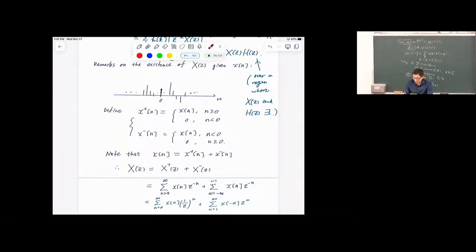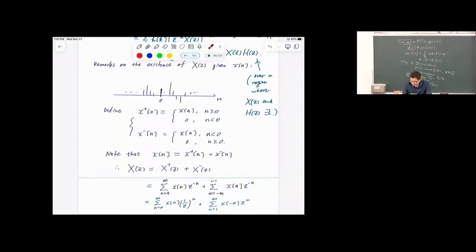And similarly, in an opposite manner, we define x superscript minus of n such that it equals x of n before time 0 and is 0 afterward.